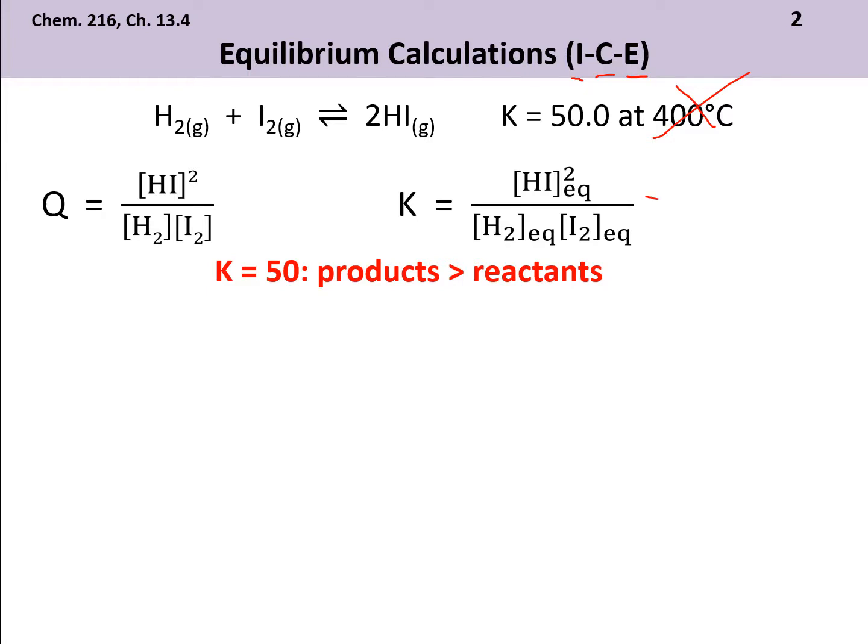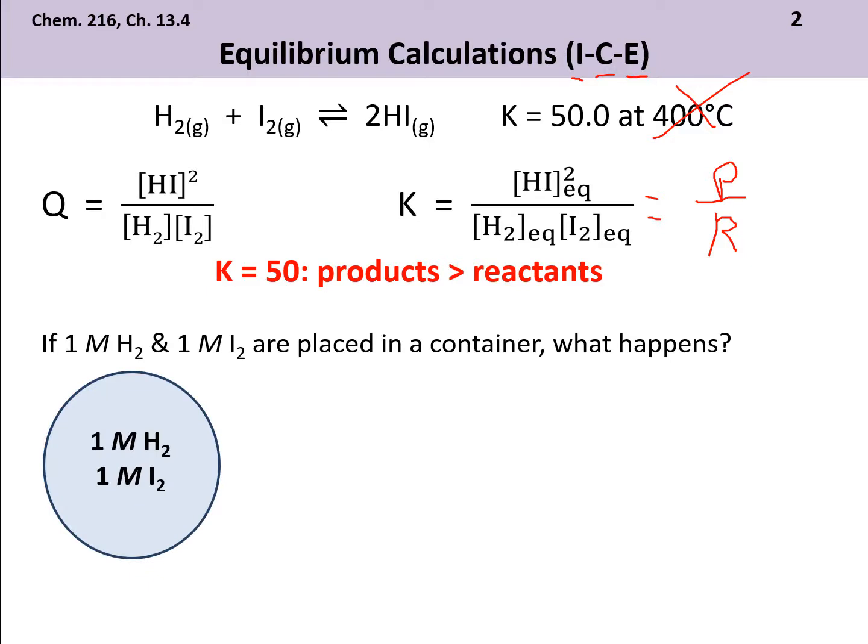Seeing that this is products over reactants, if I have a K of 50, that means I have a lot more products than reactants. Let's think about what happens if we had 1 molar H2 and 1 molar I2 placed in a container.